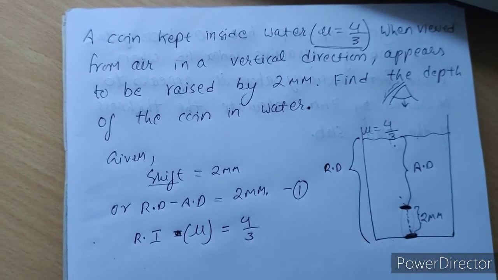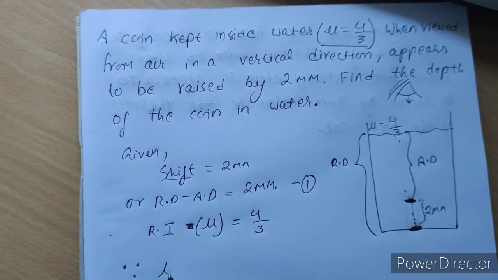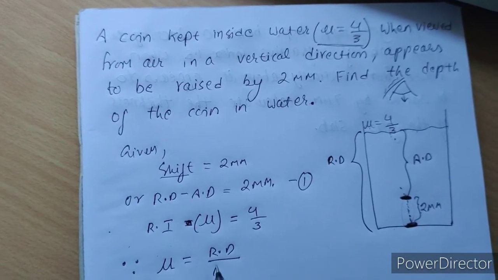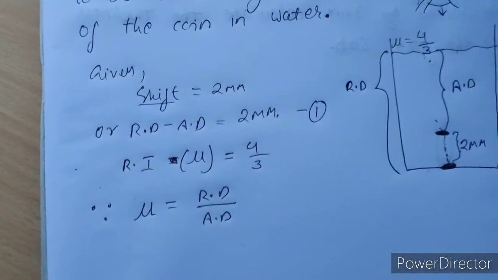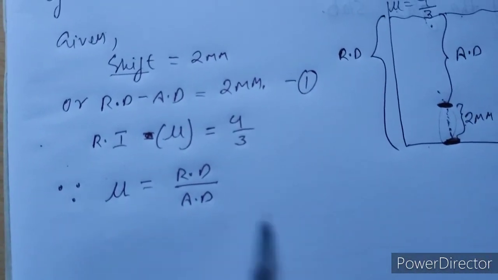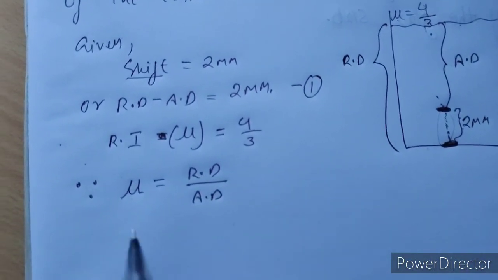Now we know the formula: refractive index equals real depth by apparent depth. So what is real depth from here?